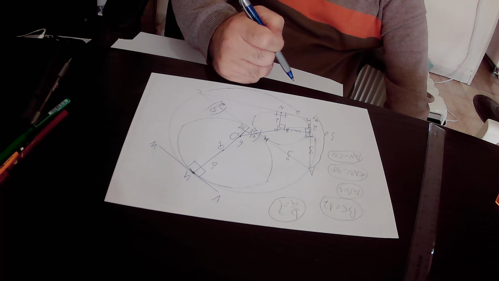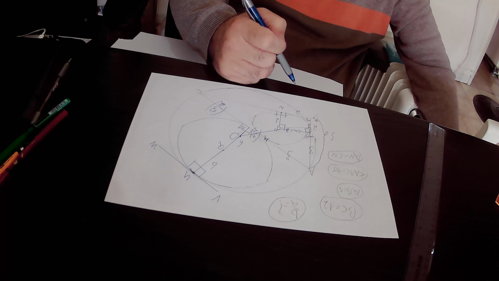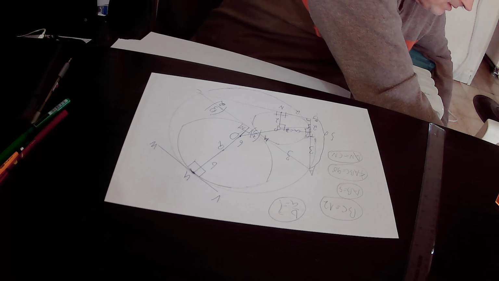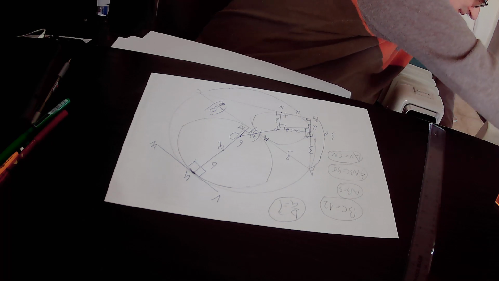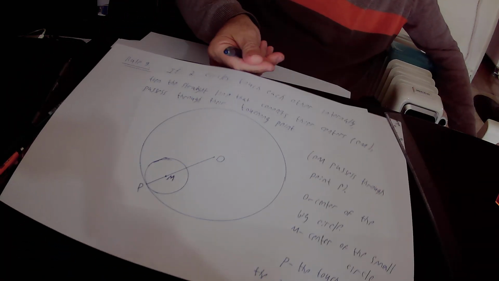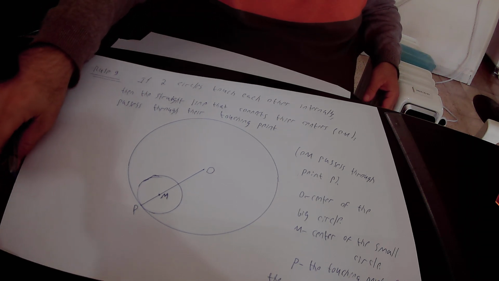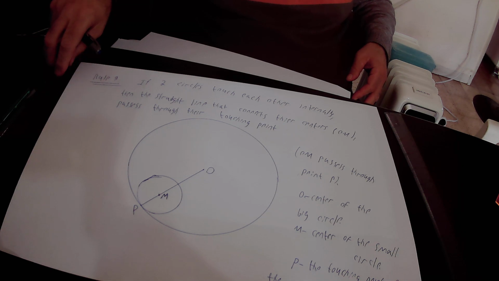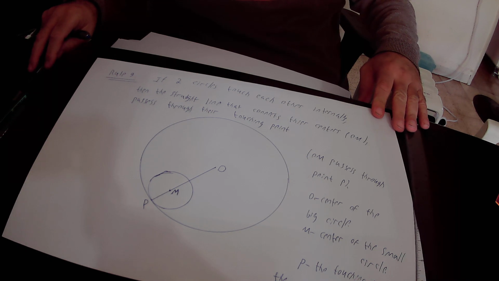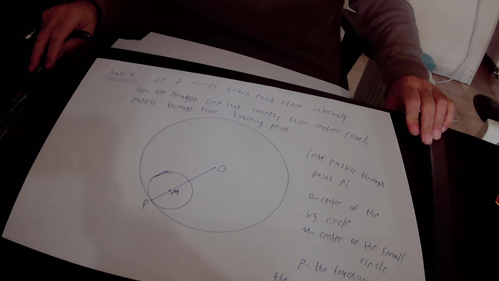And we have rule number 9. According to rule number 9, if two circles touch each other internally, then the straight line that connects their centers together passes through their touching point.